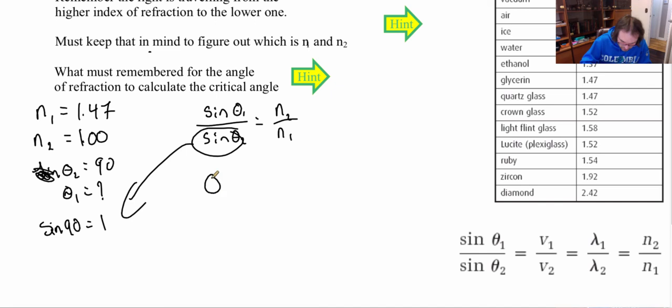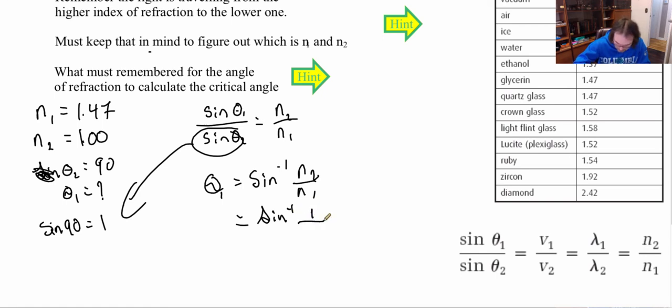So theta is equal to arc sine of n2 divided by n1, and my n2 is 1 divided by 1.47, which ends up giving me a total of 42.9 degrees.